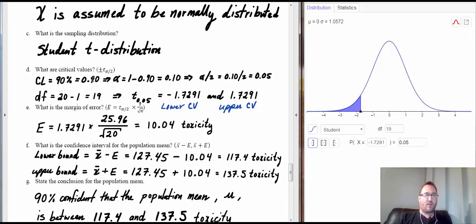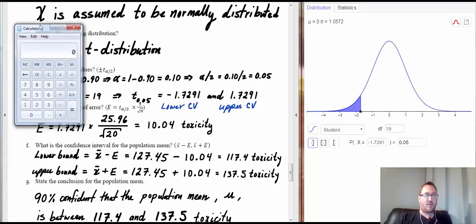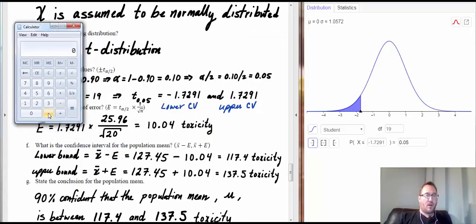In decimal form that is 0.90. You want to take the complement of that and divide by 2. So again, grabbing a simple calculator here, you can pretty much do that in your head as well. In decimal form, 1 minus 0.90 is of course 10%, divided by 2. And that is what we'll be putting into GeoGebra.